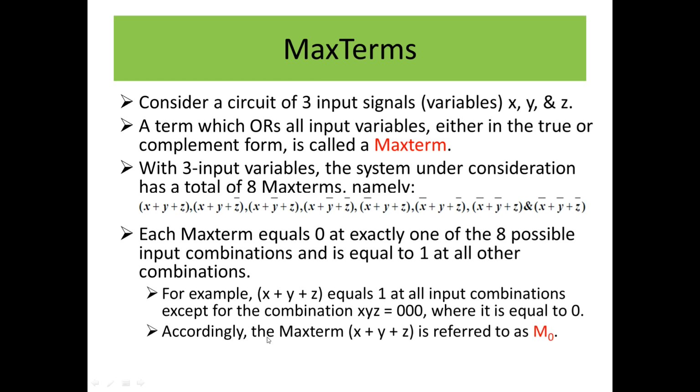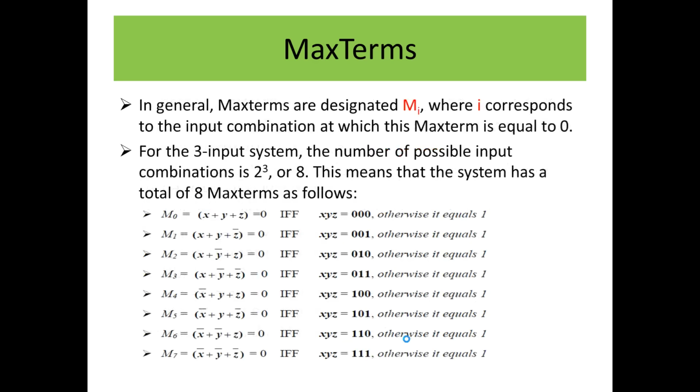How do you represent the Maxterm for 0 0 0? x plus y plus z, and it is referred to as capital M0. For Maxterms we use capital M, and for minterms we use small m. This is how we write 0 0 0 in Maxterm, that is M0.